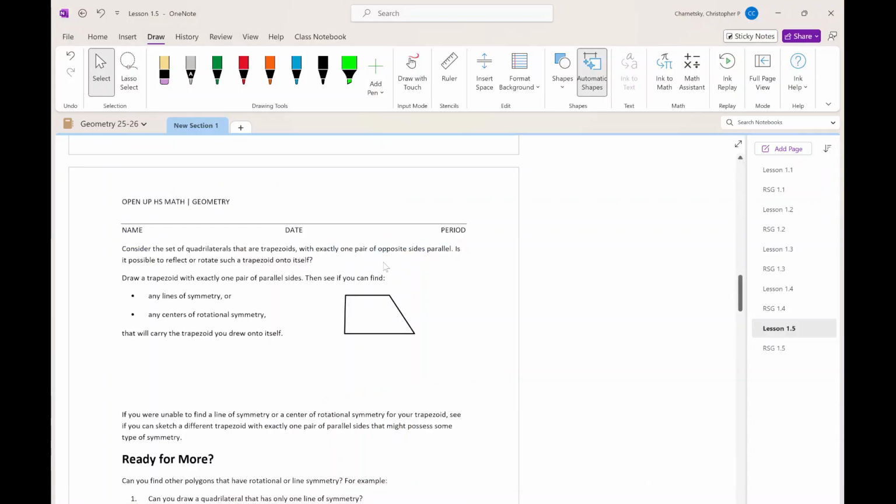So standard trapezoid, no. But what if we made a special kind of trapezoid? Known as an isosceles trapezoid, where these two sides are equal.